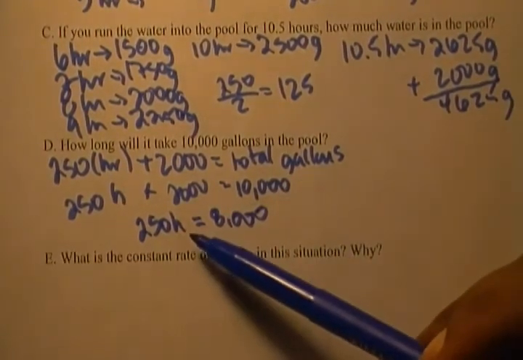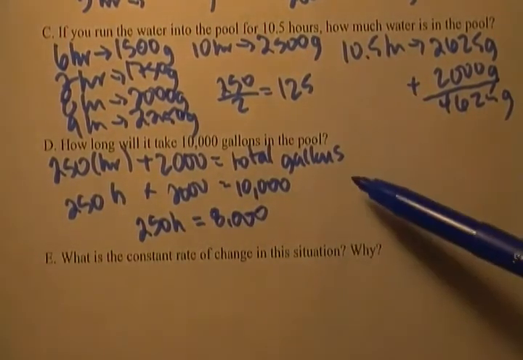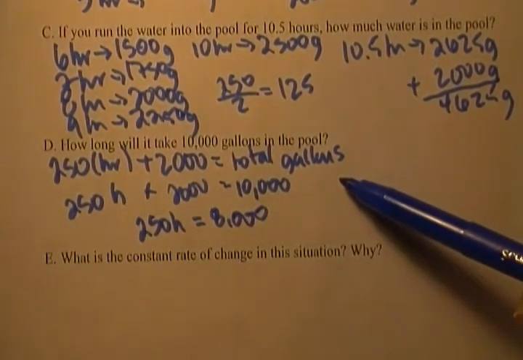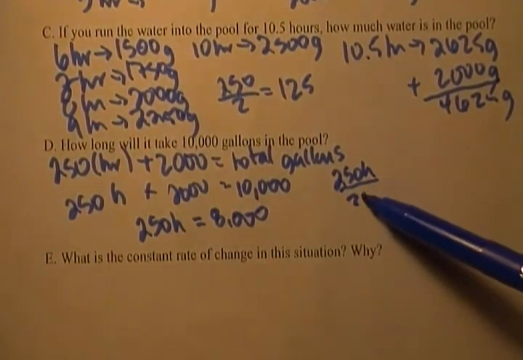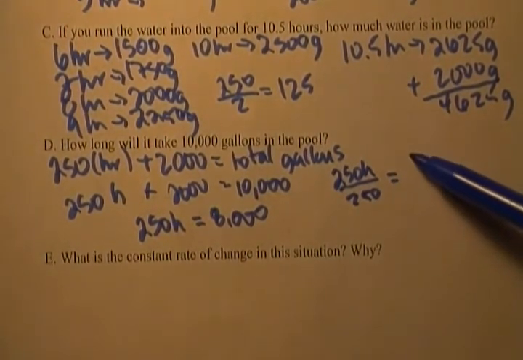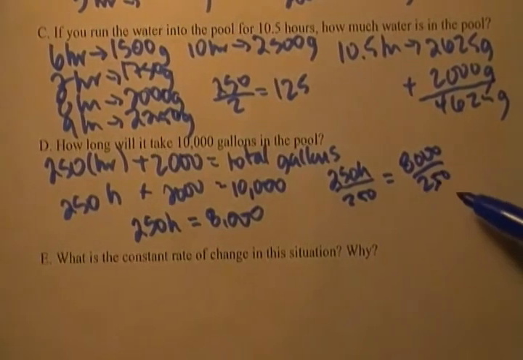So, to get H by itself, I need to divide both sides by 250. So when I do that, I get 250H divided by 250 equals 8,000 divided by 250.